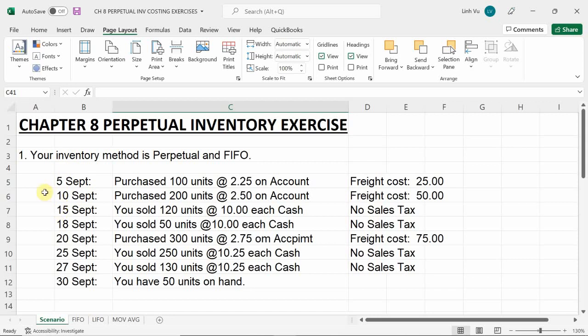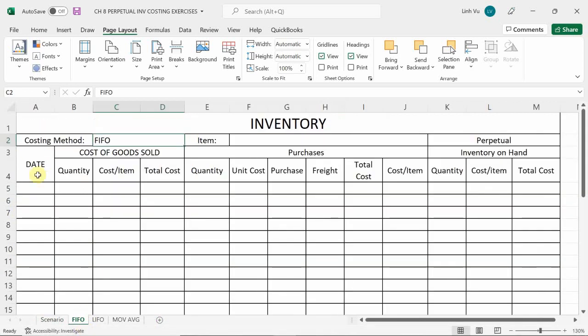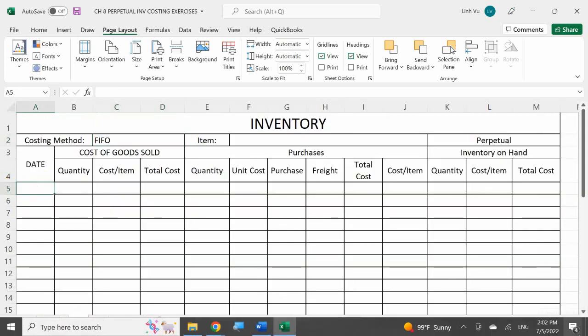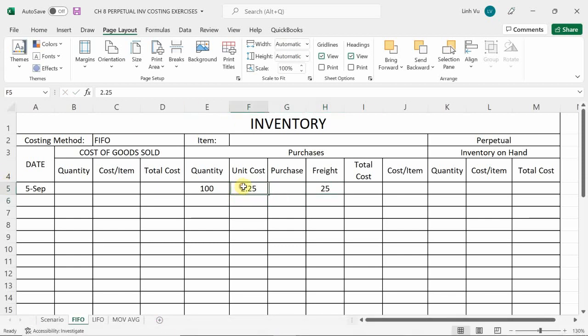For this example, on September 5th, we purchase 100 units at $2.25 each with a freight of 25. So 100, 225, 25. Going into my table, it's September 5th. We're going to skip the cost of goods sold section and go straight into my inventory purchases here. 225 with a freight of 25.